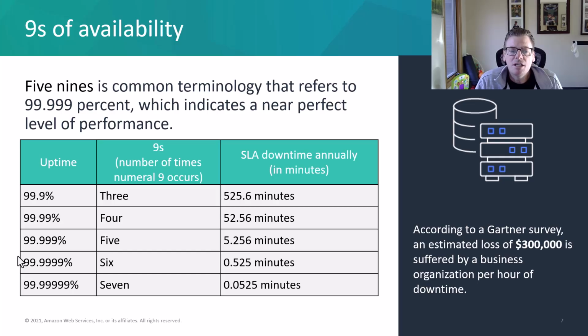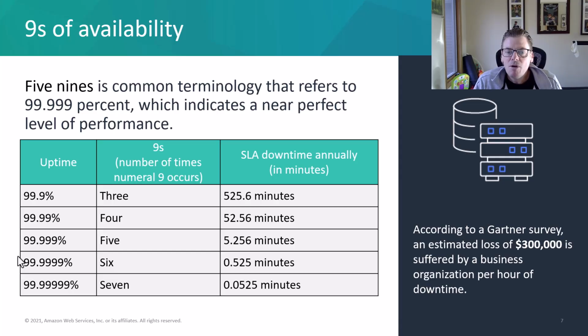This is a typical way that we describe levels of downtime, in how many nines of availability are available. In that first row here is 3 nines of availability, which is 99.9%.